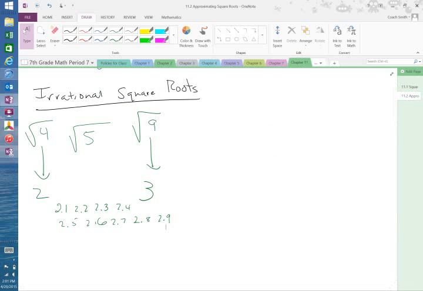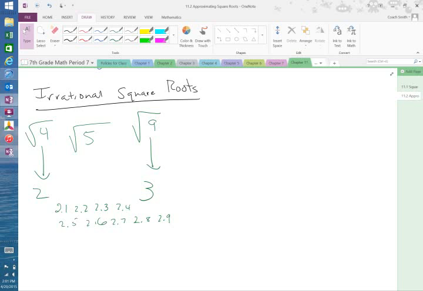Okay? Now, it's going to be the approximate one of those numbers right there. Now, how do we eliminate some of those numbers? I don't want to have to sit there and go 2.1 times 2.1, 2.2 times 2.2. Okay, you don't want to do that. It would take a long time even if you had a calculator.